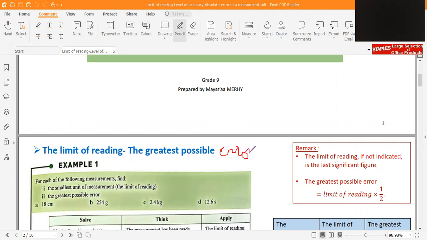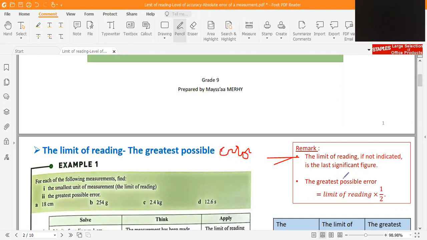So how do we find the limit of reading? We will read the remark on the right. The limit of reading of a given measurement, if not indicated, so if it is not specified, is the last significant figure.